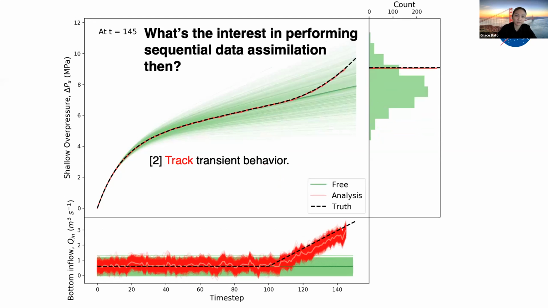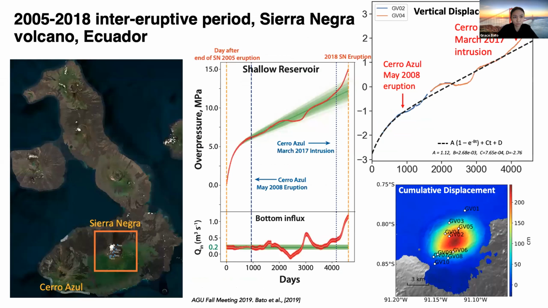Second, when one of your uncertain parameters, in my case here Qin, suddenly changes in time, then you can track this transient behavior. And we've done this for the 2005 to 2018 interaruptive period at Sierra Negra volcano in Ecuador. So this is the vertical displacement time series, and this is cumulative displacement from InSAR.